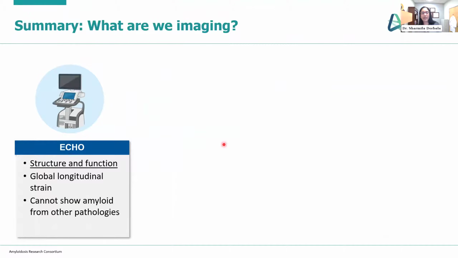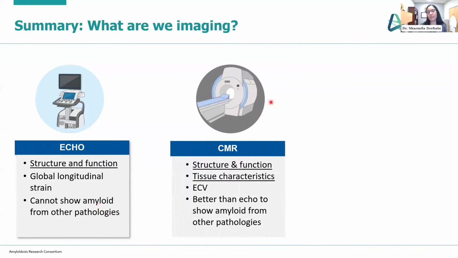All right, to summarize, what are we imaging? With echo, you're looking at structure and function of the heart. You're looking at longitudinal contraction of the heart, but it cannot really tell you whether these abnormalities that you're seeing on echo are from amyloid or from non-amyloid pathology. MRI, we can look at structure and function better than even echo, provides tissue characteristics.